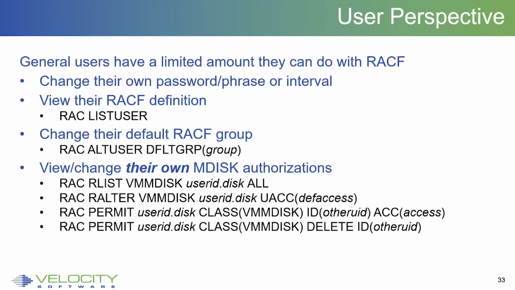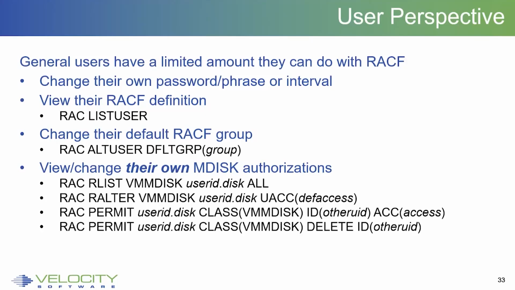If you refer back to setting up the VMM disk profile for a resource, a user ID disk, there is an owner assigned. If that owner does not match the minidisk user ID, then that user ID does not technically own that RACF profile.